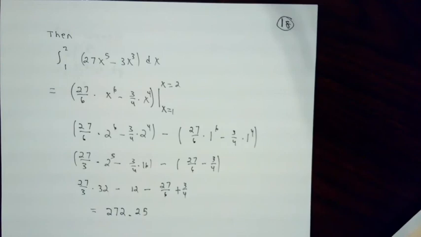To finish the calculation of the iterated integral, I now have to integrate from 1 to 2 with respect to x, 27x to the 5th minus 3x cubed. This is now a routine Calculus 1 problem. Find an antiderivative, put x equal 1, x equal 2 into it, and subtract.